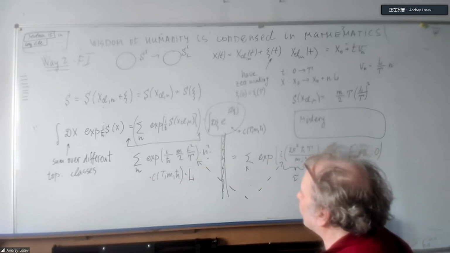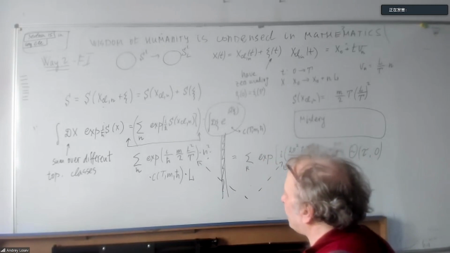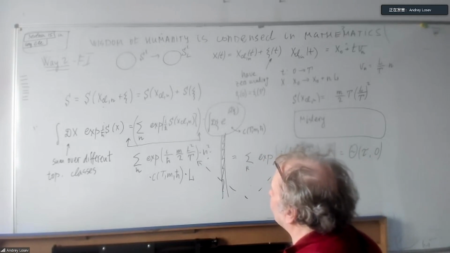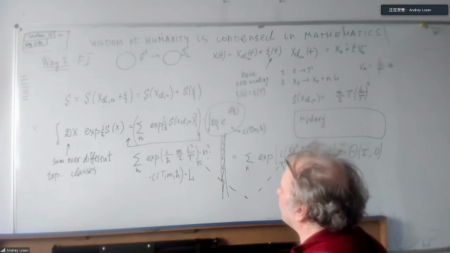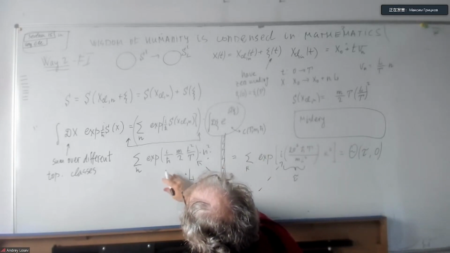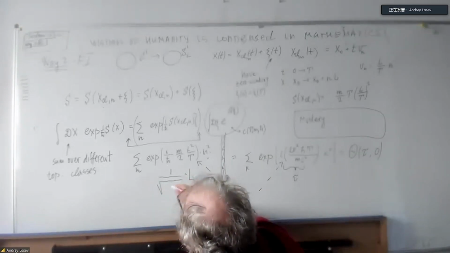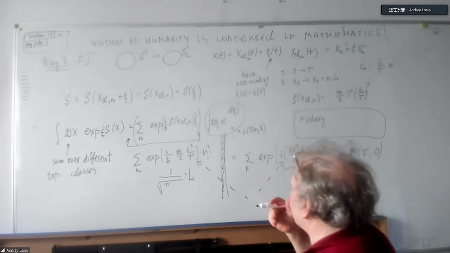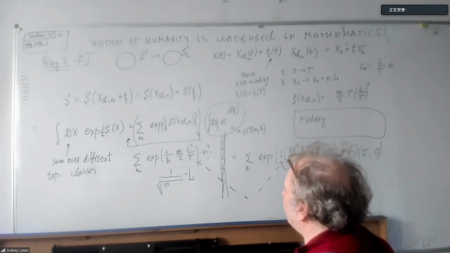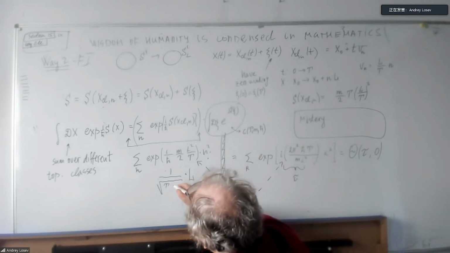So what is the prefactor that we have here? I hope you remember this prefactor that we computed last time. One over root of t. Yes, one over square root of t. However, as always, t is not coming alone.